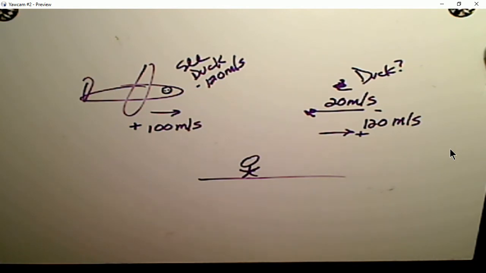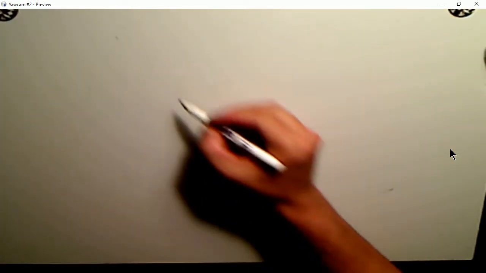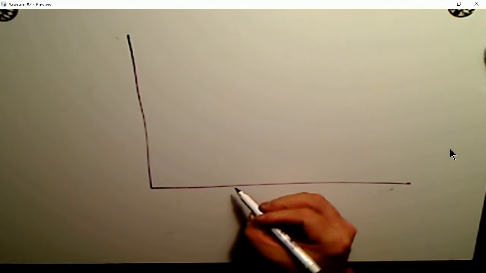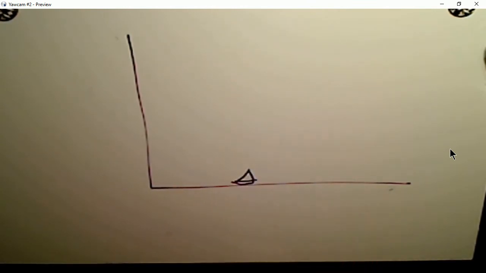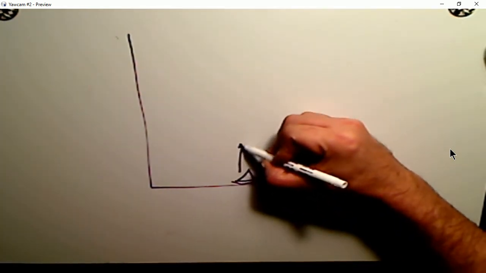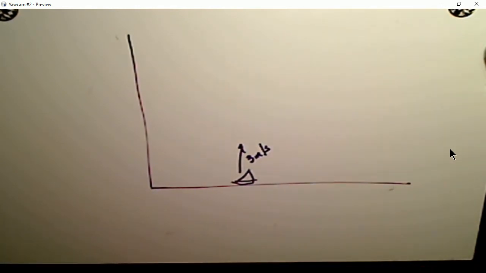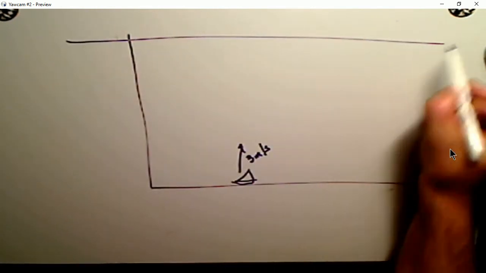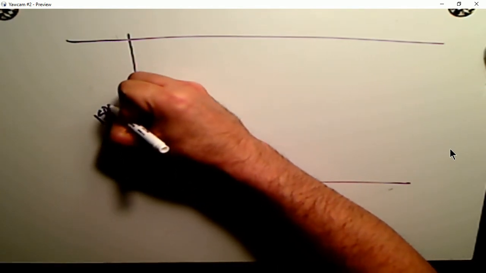Let's look at another example. Let's take that boat example, but let's add another thing to it. I have a boat, and this boat is going 3 meters per second up this way with a little motor, across the river from this point, and the river is 150 meters wide.